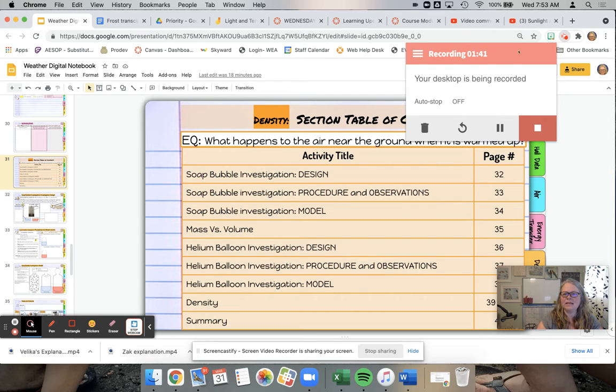And I'm having you ask this question: what happens to the air near the ground when it is warmed up? So we have learned that the air cools down the farther away from the surface of Earth you go, so the higher in altitude, the cooler the air gets.